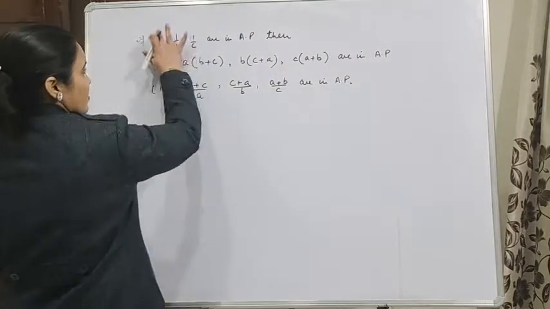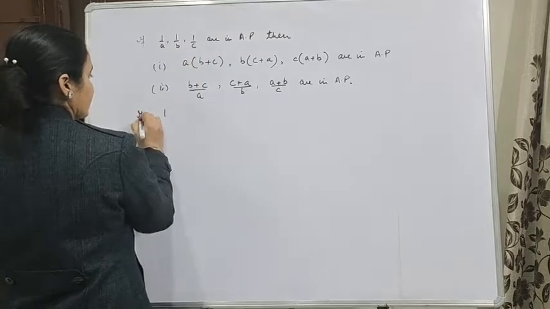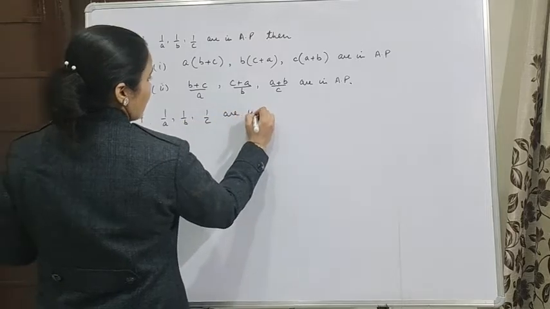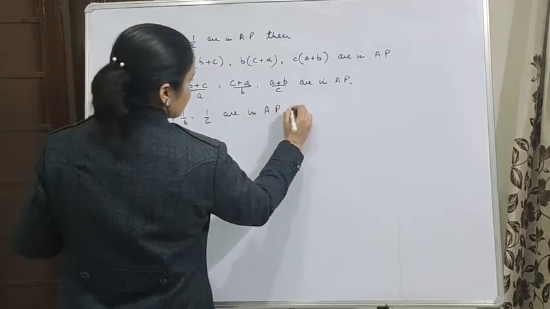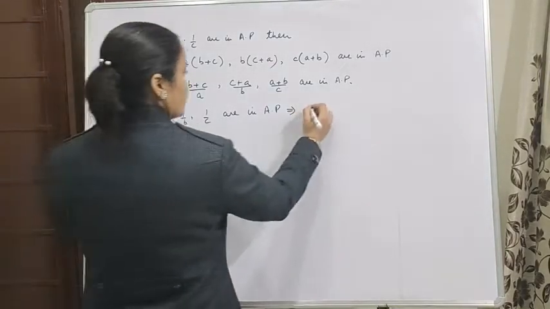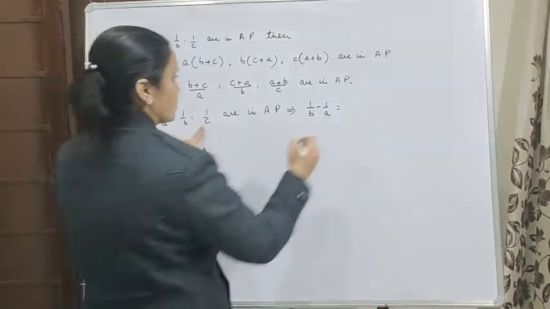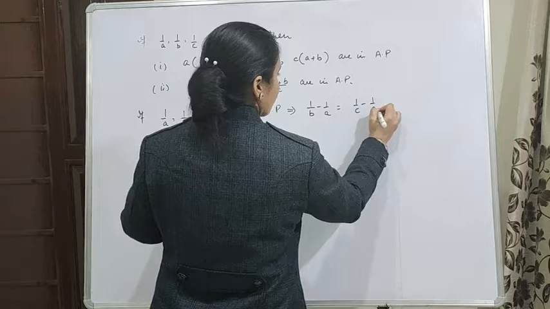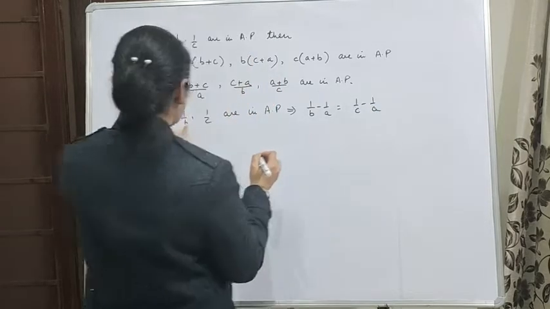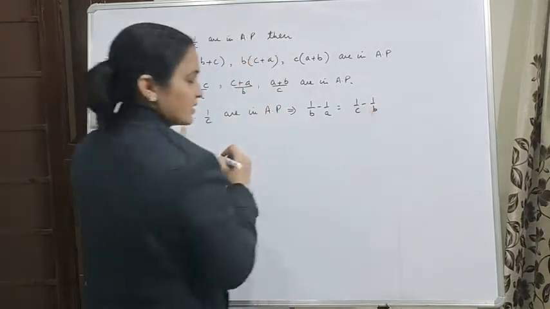So let us now take the first part. If 1 upon A, 1 upon B, 1 upon C are in AP, then this will imply that difference of this with this, 1 by B minus 1 upon A should be equal to 1 upon C minus 1 upon B. Clear?